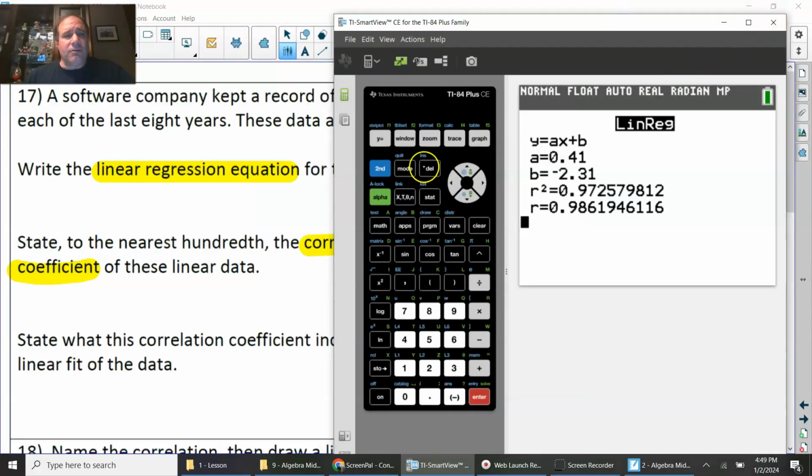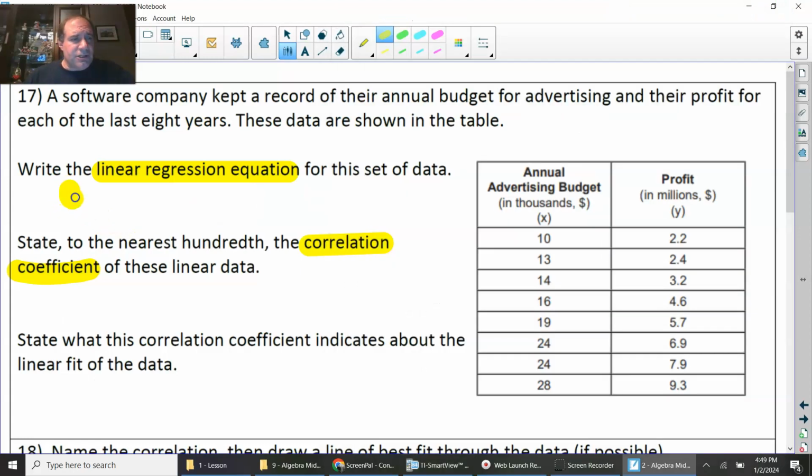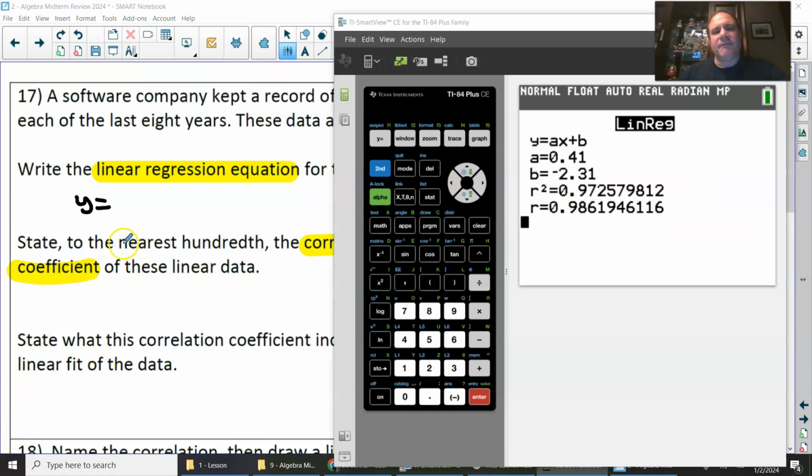So let me just go and put the linear regression equation down, and I shouldn't write in the highlighter. So it's y equals, and I'm going to put the a right here, 0.41x, as my slope, and here's the y-intercept, minus 2.31.